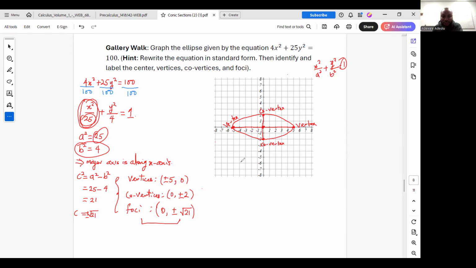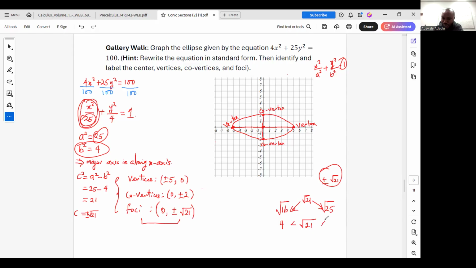Now, the foci. So that is plus or minus square root of 21. A very good way to quantify this is, I know that the square root of 16 is 4, and the square root of 25 is 5, meaning that the square root of 21 is going to be between 4 and 5.